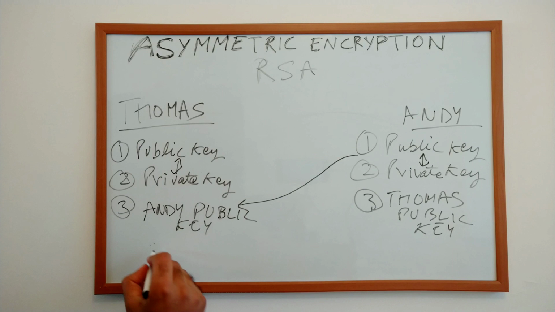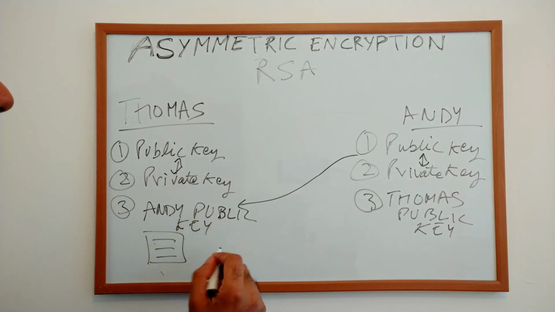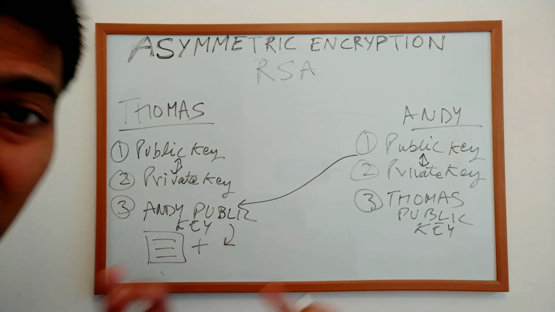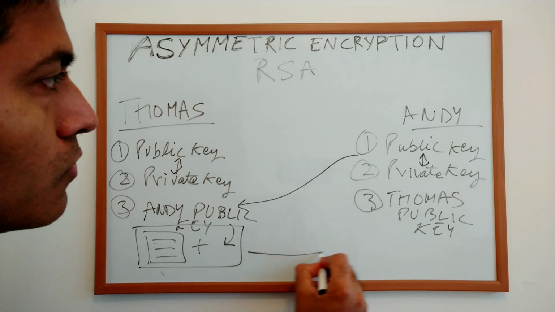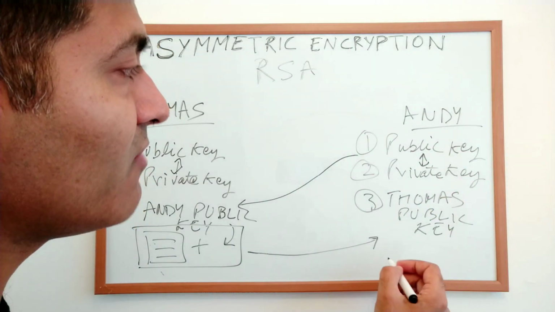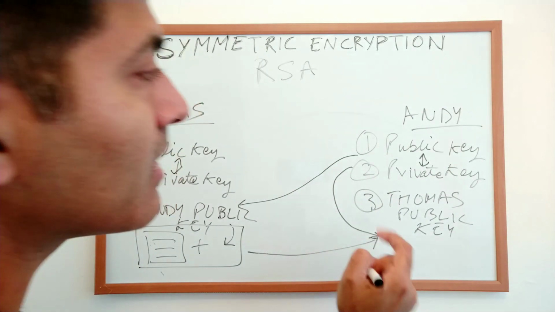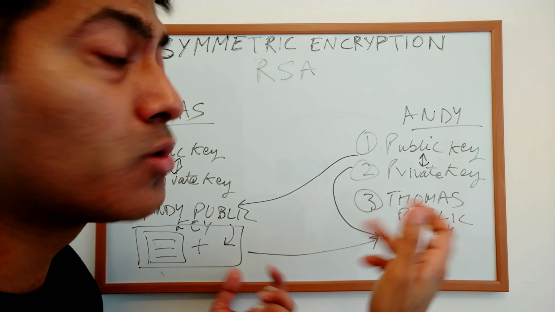Now what will happen now? Thomas will again create a message and encrypt it using Andy's public key. So using Andy's public key which they exchanged earlier, Thomas will send the same message again to Andy, and when Andy receives the message on his end, he will use his own private key, which is definitely mapped and linked to the public key which Thomas used earlier.